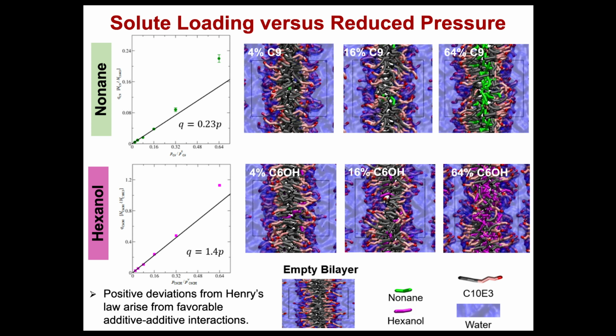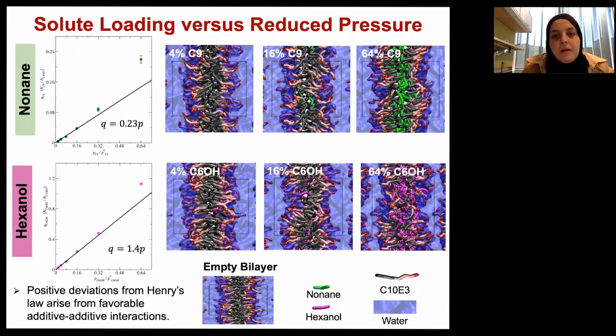You can see that there are plots on the left and actual snapshots of the system on the right. On the left, we have the first plot, which is the one of nonane loading. We looked at the partial pressures of nonane ranging from 2 to 64, and we looked at obtaining Henry's law, and we were able to fit to the lower partial pressures.